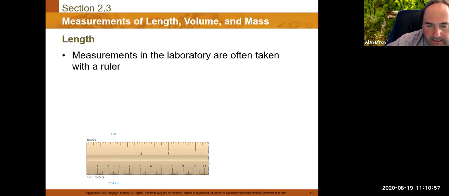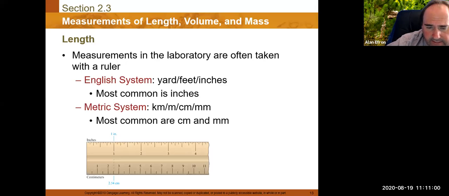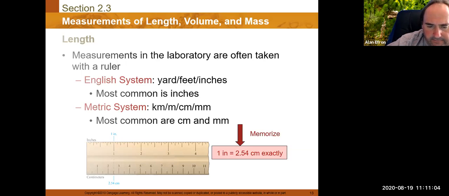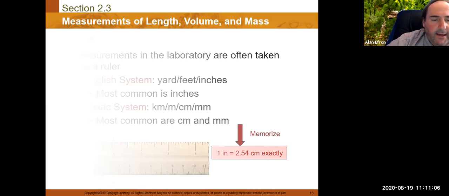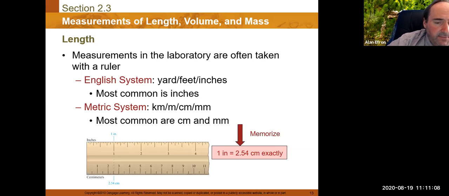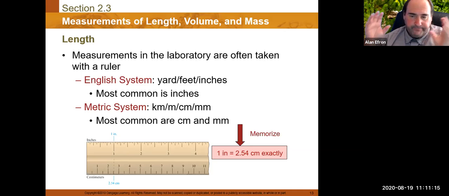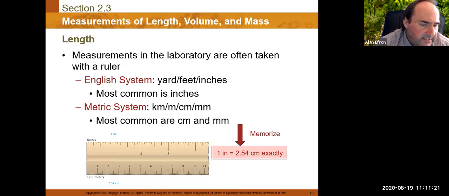So let's talk a little bit about length. Length, as we talked about just a second ago, is a measurement usually made a lot of times with a ruler. And as I mentioned before, really the two major unit systems which helped us develop the SI system are the English system, which is typically what we use here in the US, and everybody else all around the world pretty much uses the metric system.